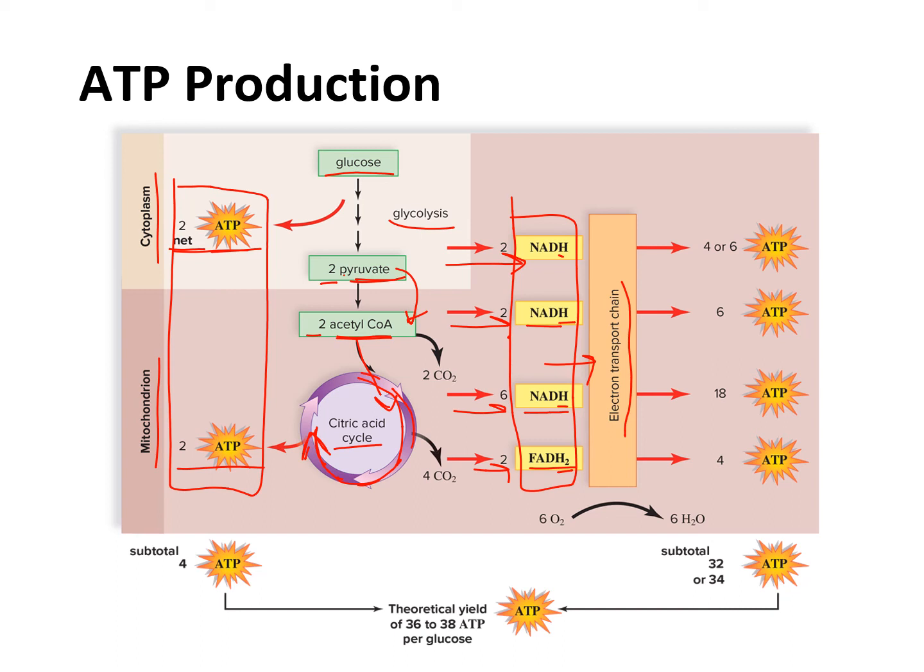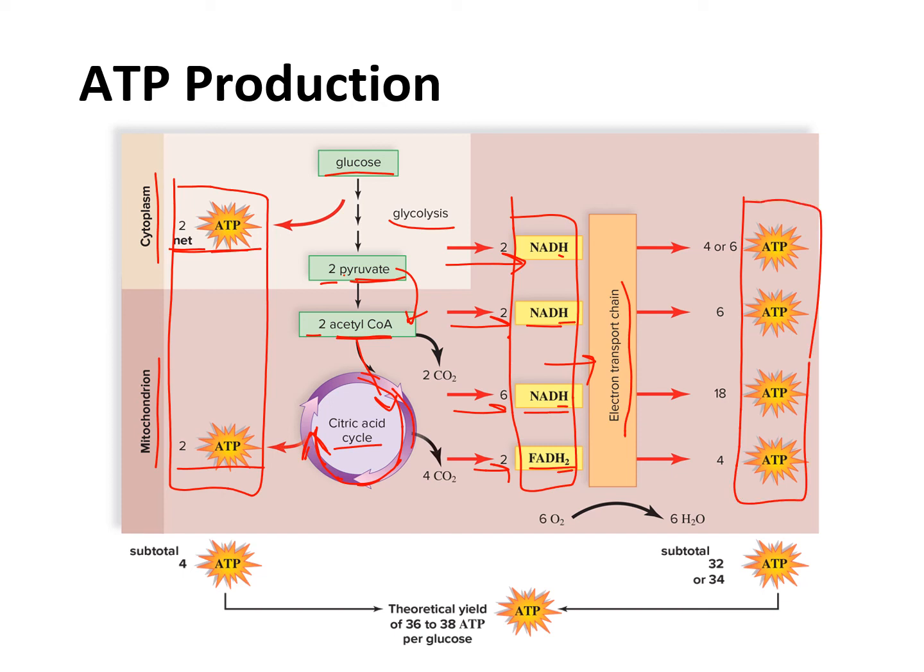Then the ATP synthase is going to allow those hydrogen ions to pass through using passive transport into the membrane, and that motion of the hydrogen ions flowing through the ATP synthase is going to generate ATP. And that process is chemiosmosis.